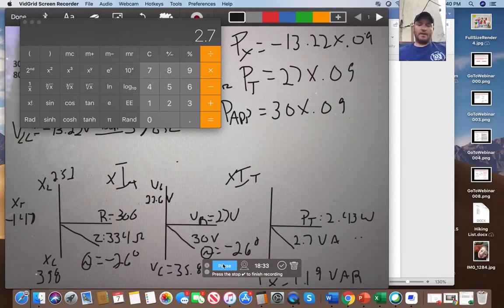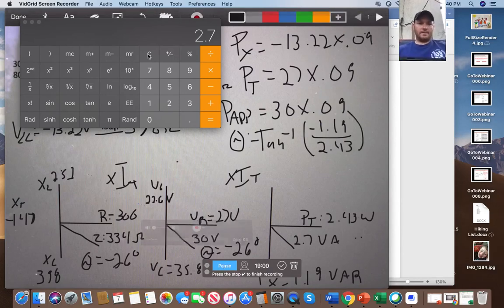All right, we can verify the phase angle here if we want by, again, this arctangent is going to be the death of me trying to write that down. It's going to be negative 1.19 over the power across my resistor, which would be 2.43. All right, and let's go ahead and verify that.